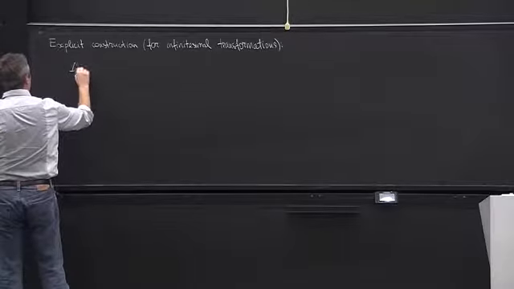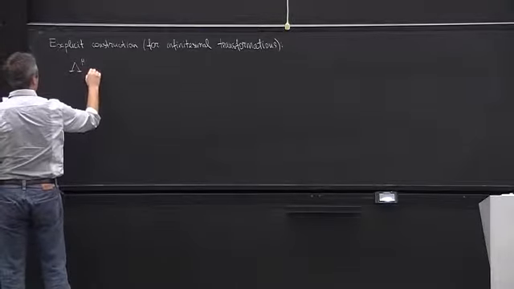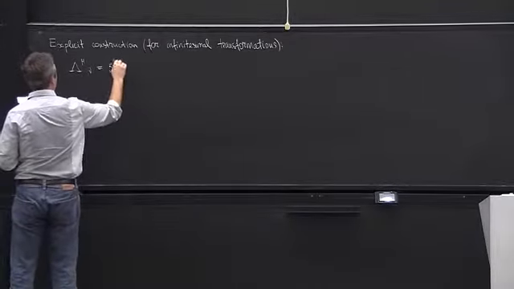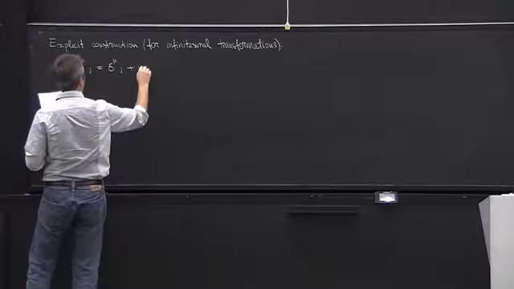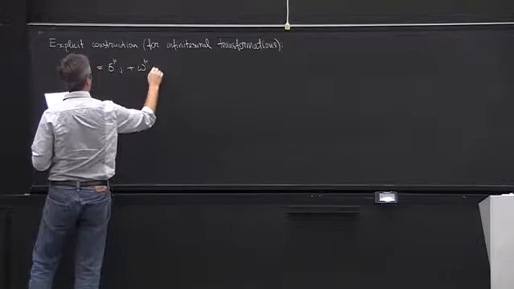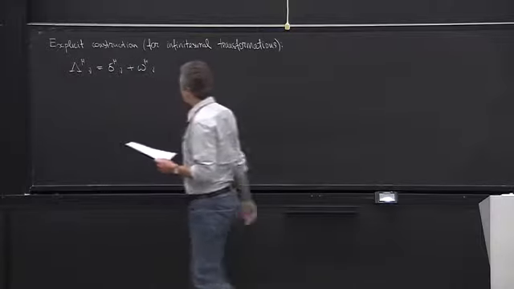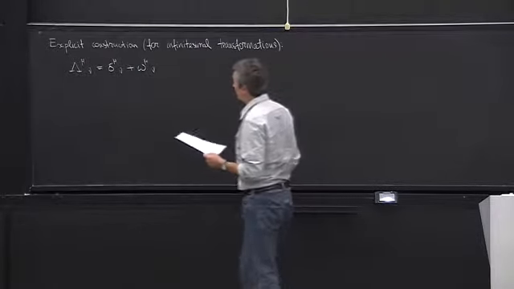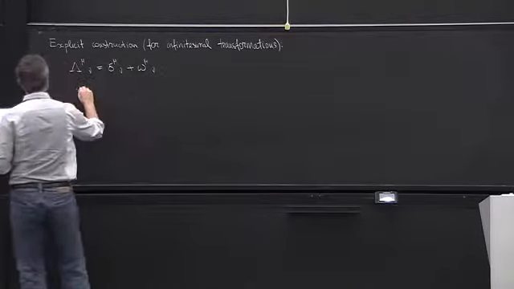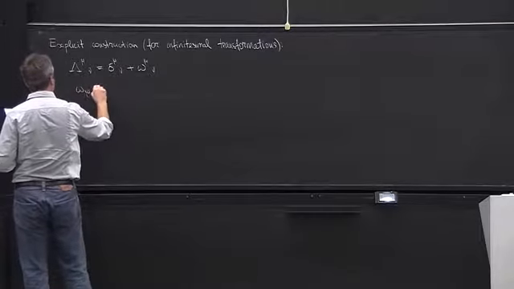Infinitesimal Lorentz transformations, meaning that they are very close to the identity transformation, are characterized by a set of parameters which form an antisymmetric tensor.